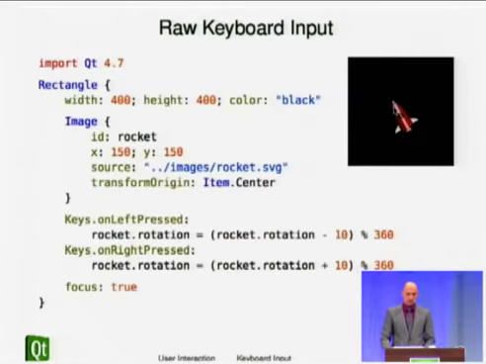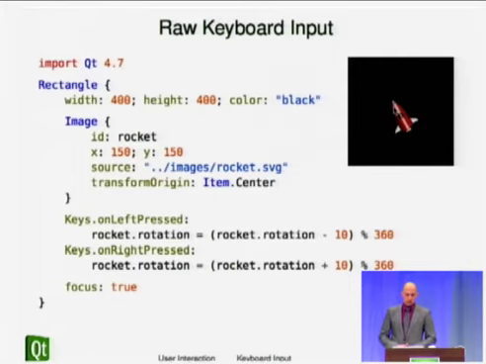All right, so let's do some raw keyboard handling here. We have a rectangle again, which is black, because of course the sky out there is black. And then we have a rocket on it, which is still the SVG image we've already seen a few times. We position it, we give it an ID, and we set the origin of the transformations to be the center of the item.